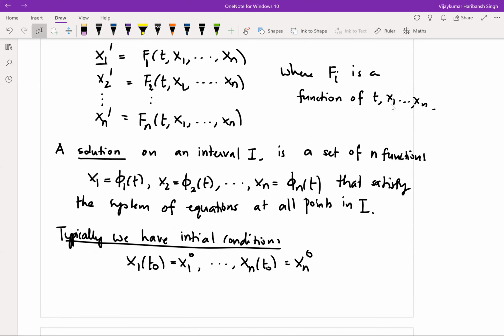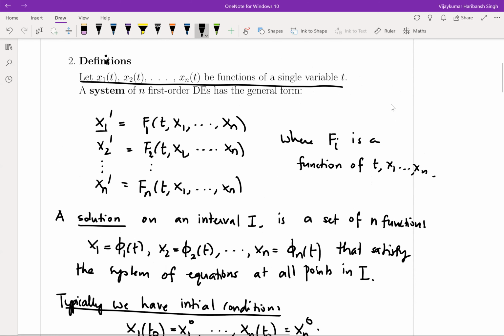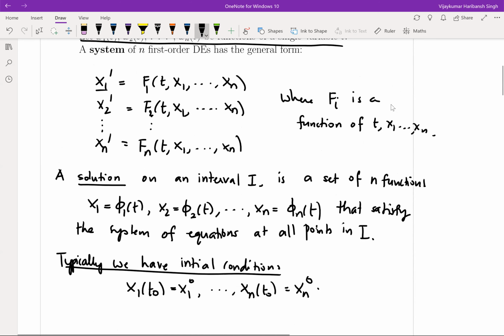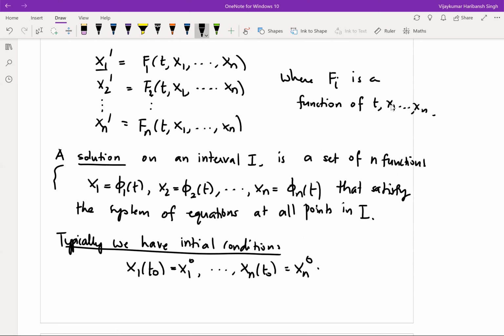You can also think about these equations or this solution basically as what?